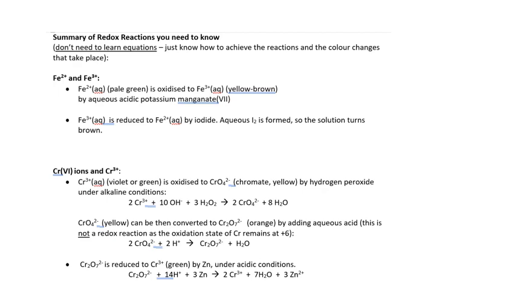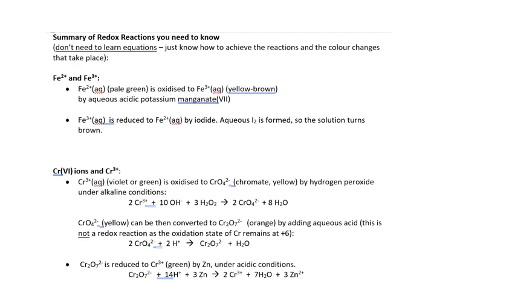On the other hand, if you want to go in the other direction and reduce iron 3+ to iron 2+, you need to know that iodide can do that, and that in that case aqueous iodine is formed. So the solution that you get at the end has Fe2+, which is pale green, but the colour is dominated by the iodine in that case. So although you've formed this pale green ion, the colour you see is the brown of the aqueous iodine.